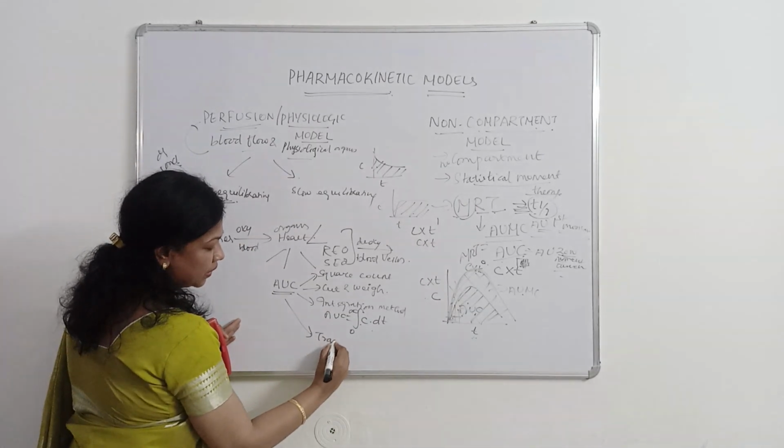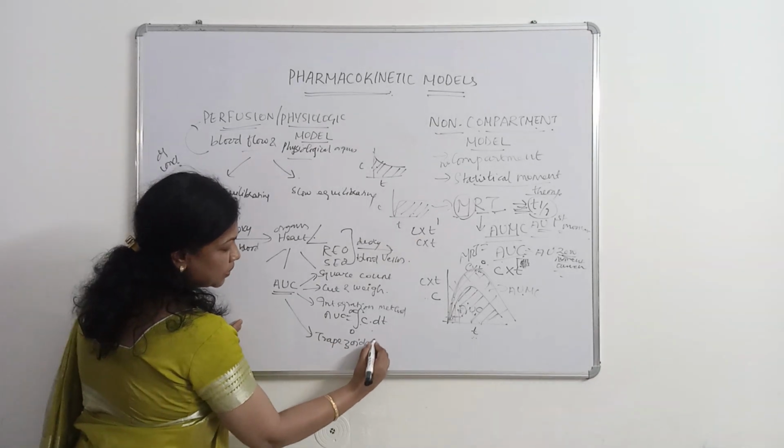And lastly, one method to determine the AUC is the trapezoidal rule.